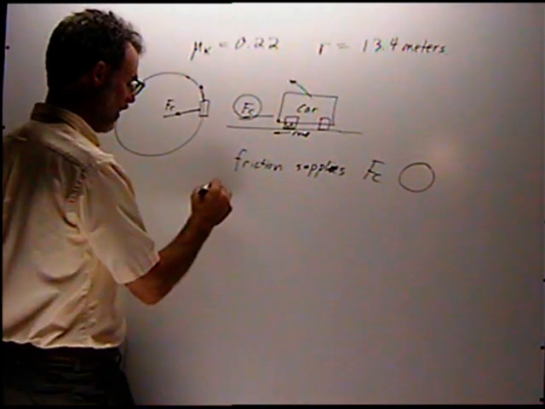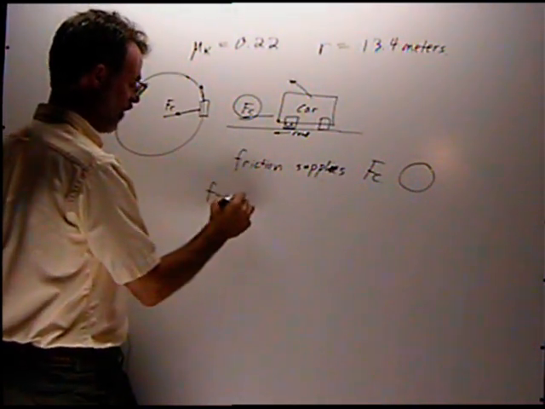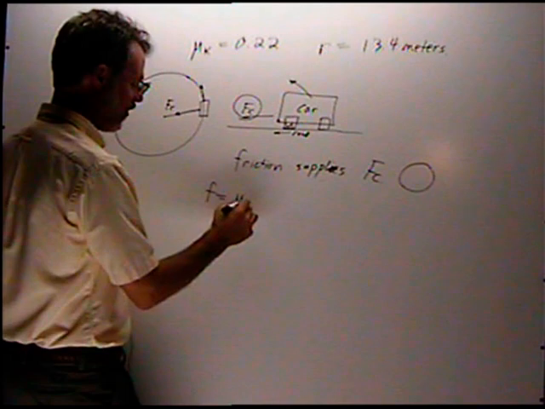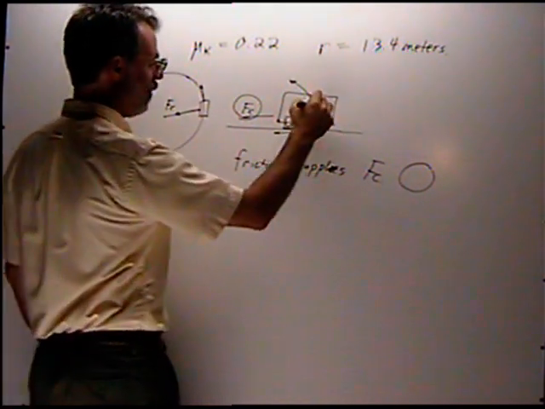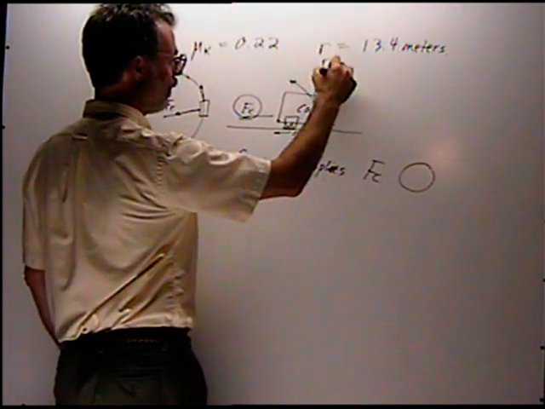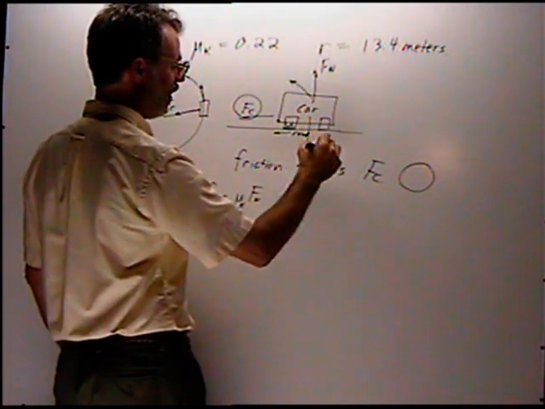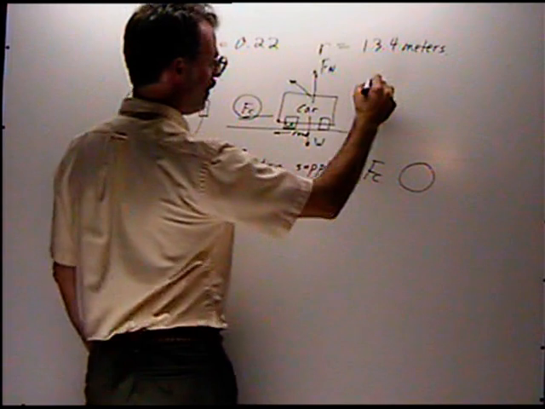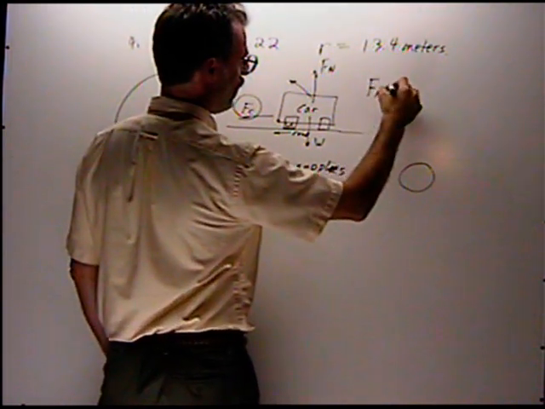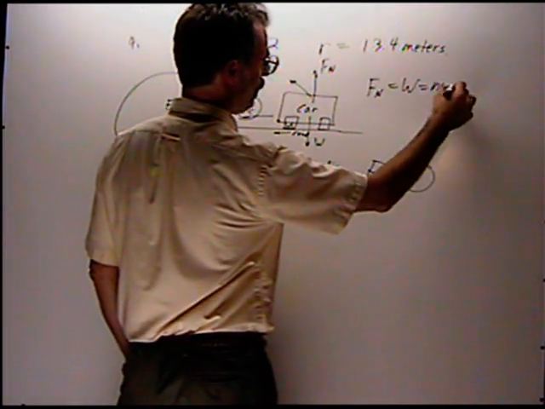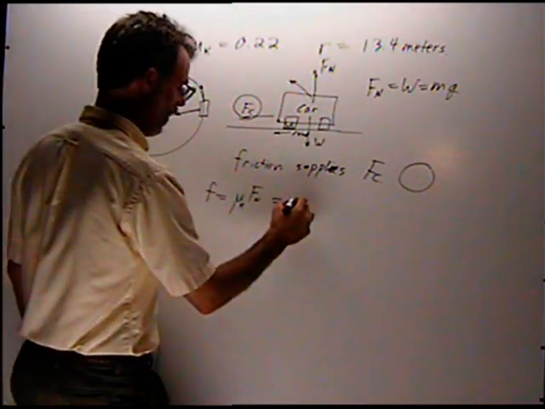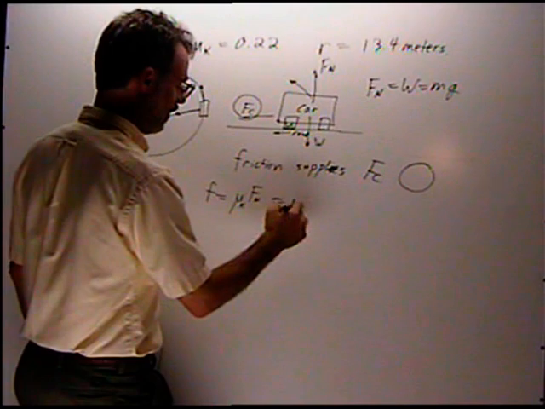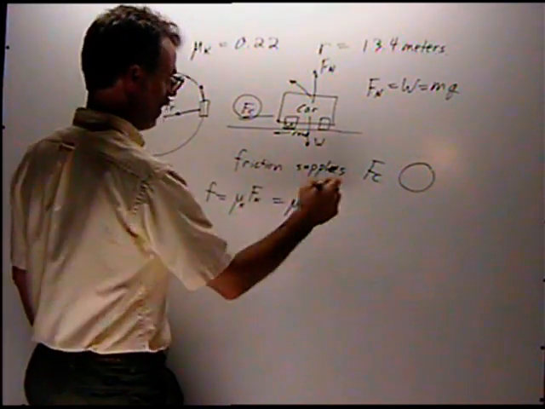Okay, so remember the friction is the coefficient of friction times the normal force. In this case, the normal force is equal to the weight, which is mg. So the friction force is the kinetic coefficient times mg.